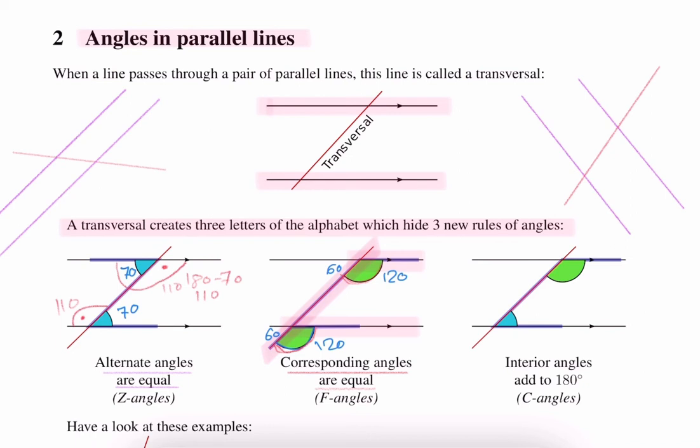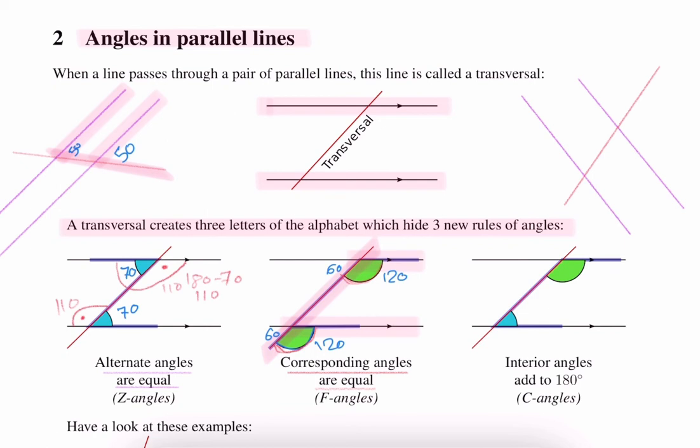If this angle measures 50, where is the corresponding angle? If you draw the F letter, as you can see, then here is the corresponding angle, which is also 50.